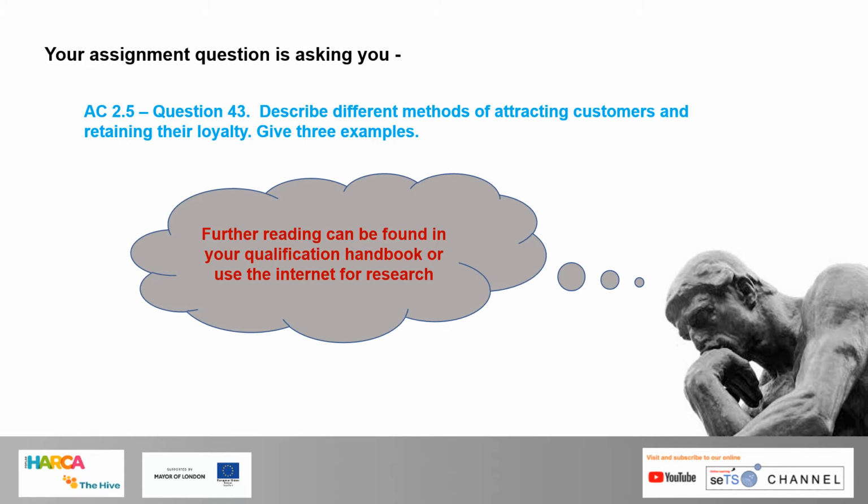For retaining loyalty: consistently providing excellent customer service and products, loyalty schemes, dealing with feedback, problems and complaints quickly and effectively, remaining competitive, constantly reviewing trends and customers' expectations, and staying in touch with customers. Further reading can be found in your qualification handbook or use the internet for further research.